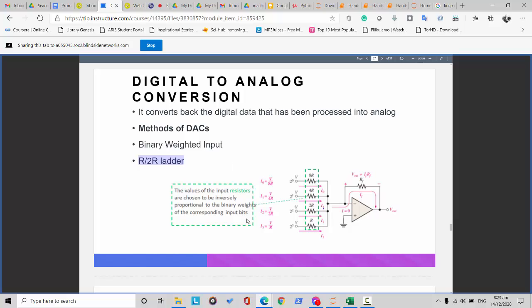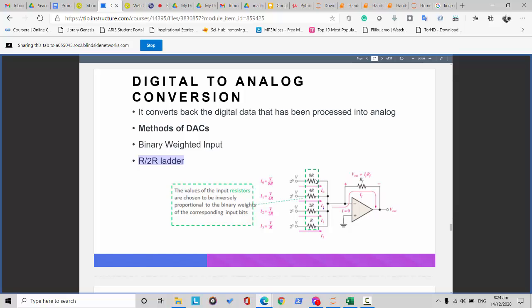Okay? So you can see here a circuit of an operational amplifier, and the inverting input is connected to certain resistors.